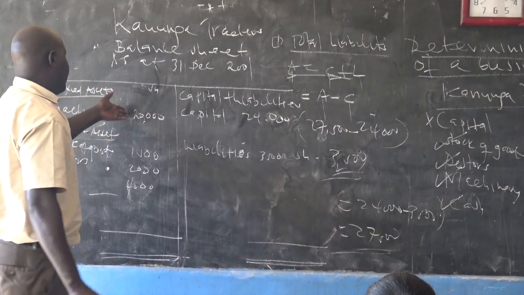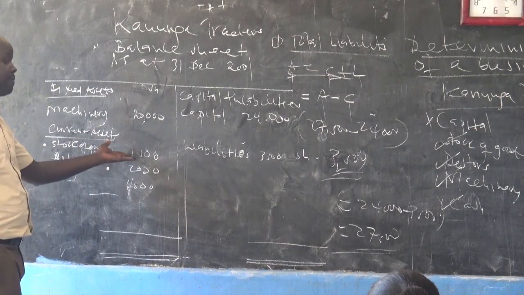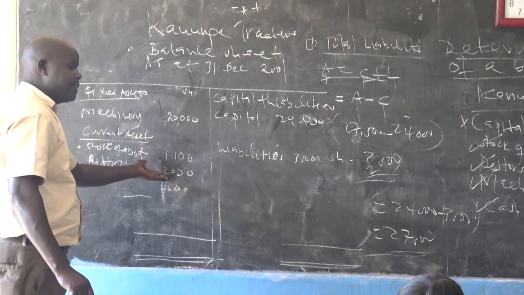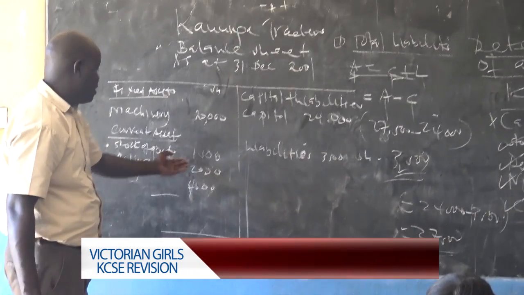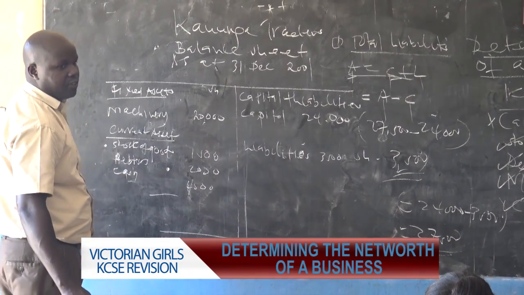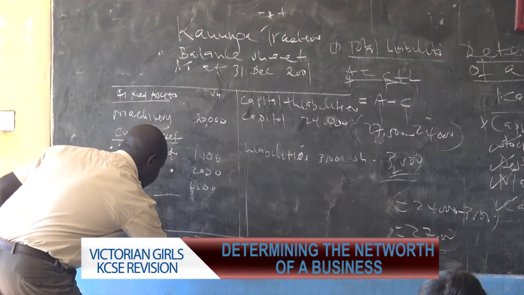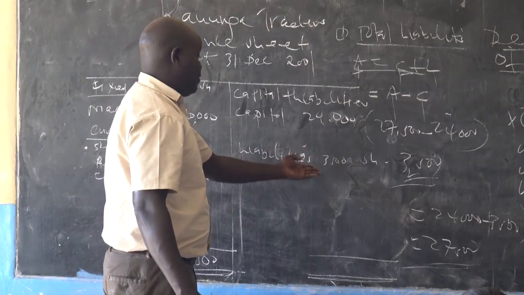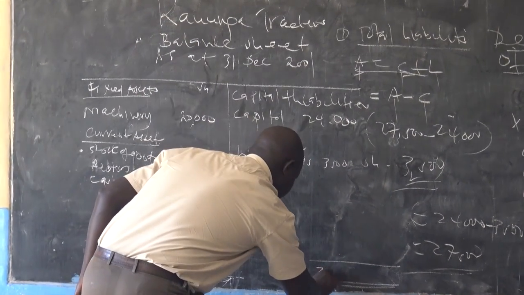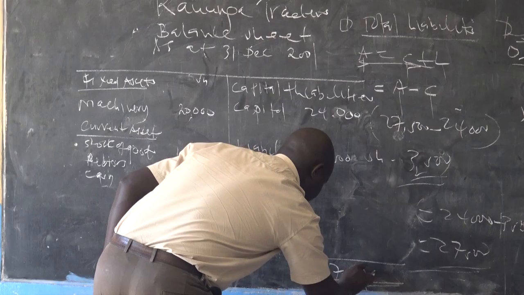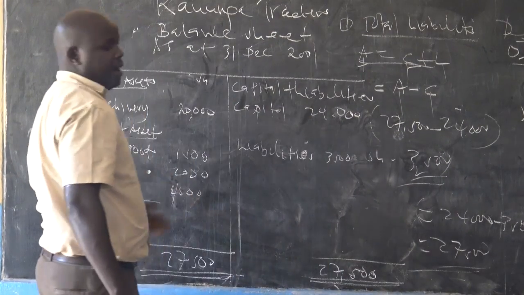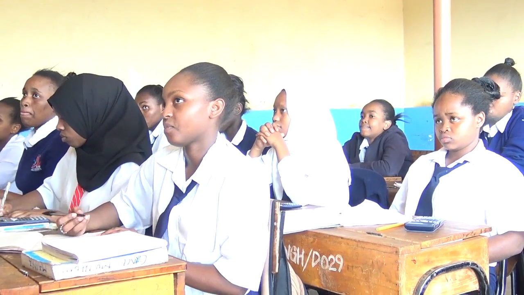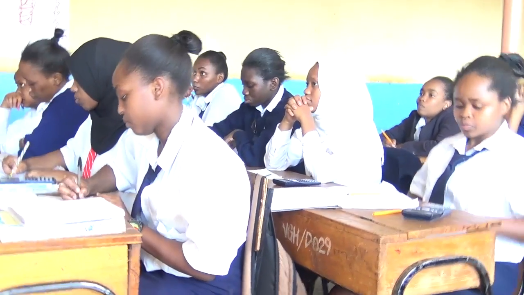Then you add 1,000 plus 2,000, 3,000, plus 1,500 is 4,500, plus the fixed assets gives 27,500. On the other side, 24,000 plus 3,500 is 27,500. And you get your free marks. That is how you should always handle such a question.